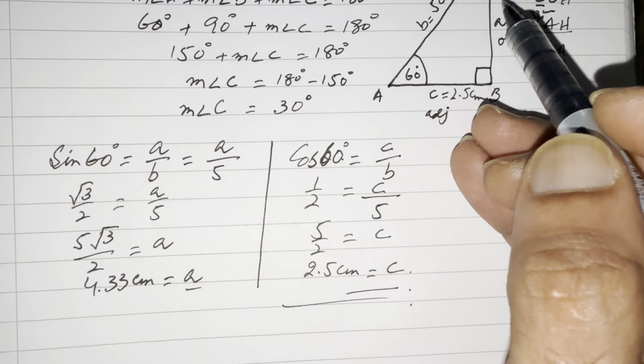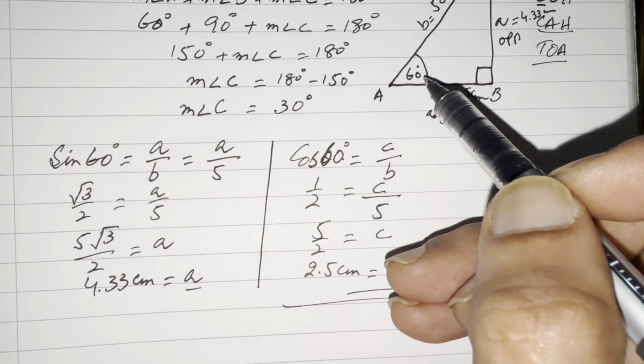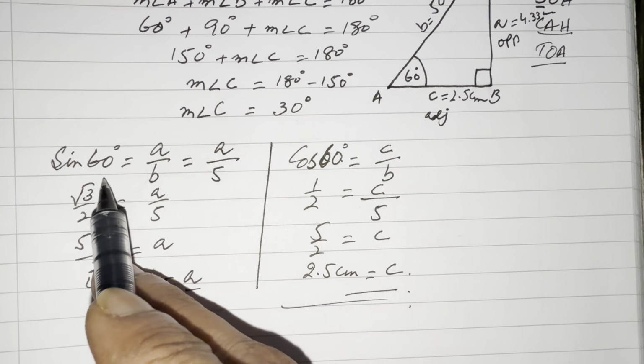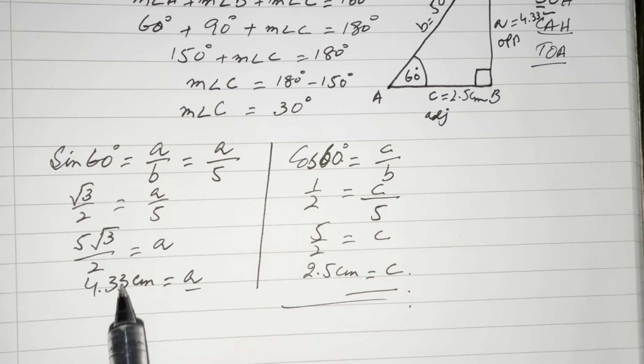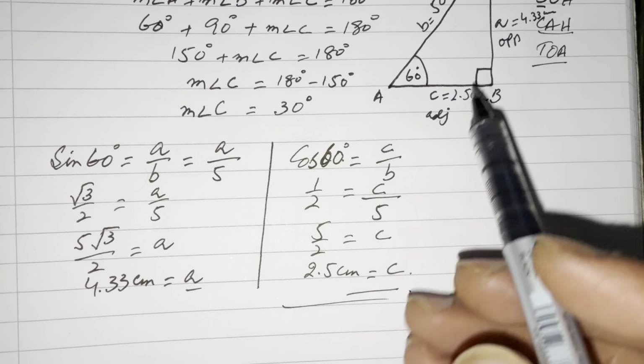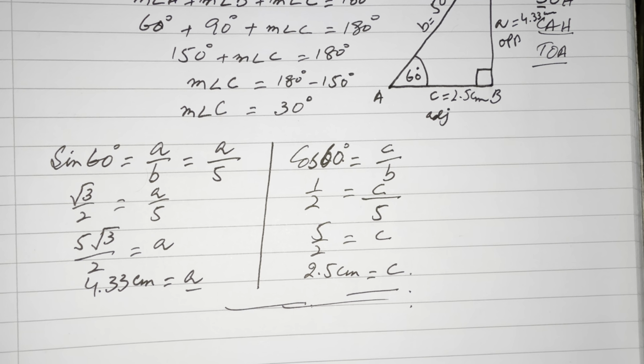And then we have to find the lengths of the sides in the solution of a triangle. By using the trigonometric ratios sine 60 and cos 60, we have found the lengths of the opposite side and adjacent side of a right angle triangle. So that's how we can solve these kinds of questions very easily. I will take some more examples. That means we have to find the solution of a triangle with the help of trigonometric ratios.